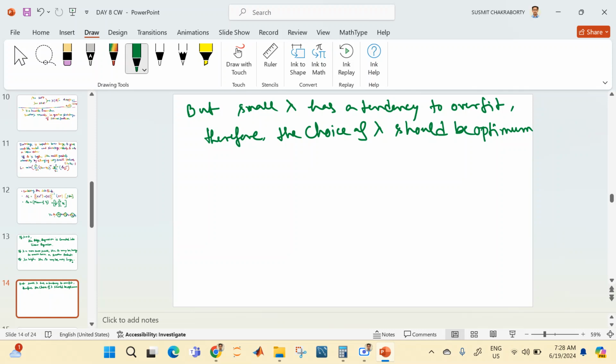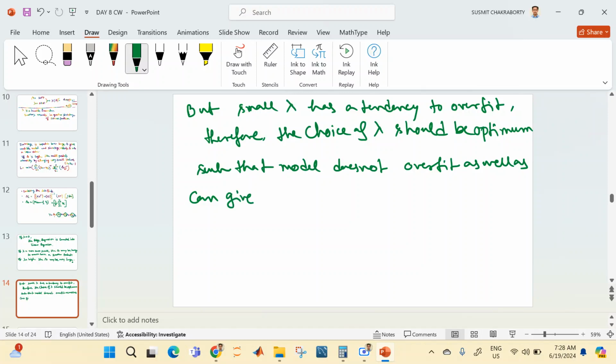The choice of lambda should be optimum, such that the model does not overfit, as well as can give a low sensitivity to the features.